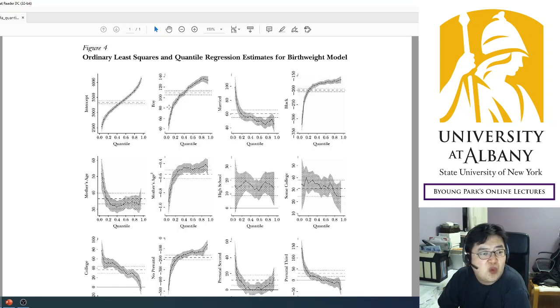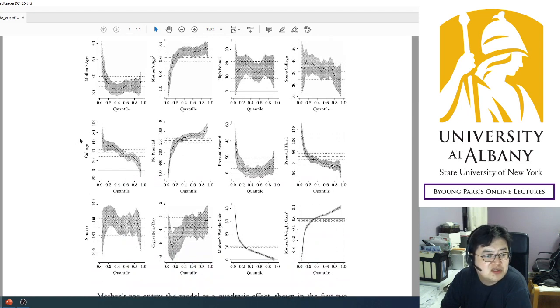Many variables are considered: intercept, boy, married (whether the mother is married or not), black, mother's age and mother's age squared, high school (whether the mother graduated high school), some college education, and finished college.